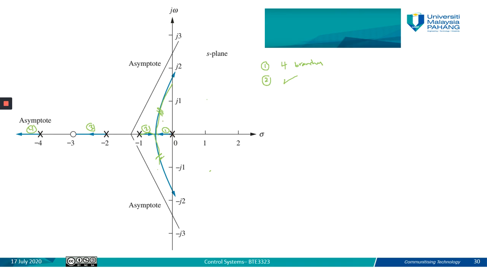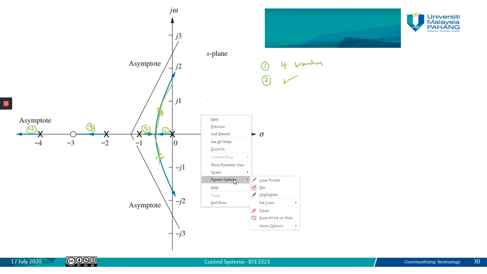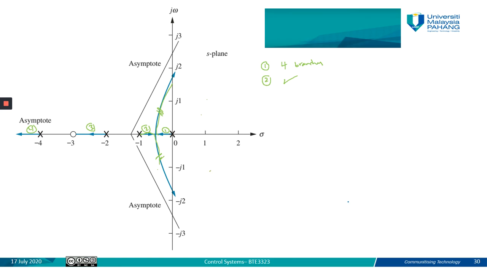Rule number 3 is the segments of the root locus on the real axis. So we actually have three segments of root locus on the real axis. As we can see here, this is the first segment, from this point to that point. This is the first segment, on the left of an odd number, which is 0 here, only one pole.